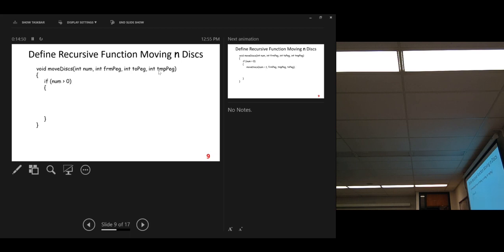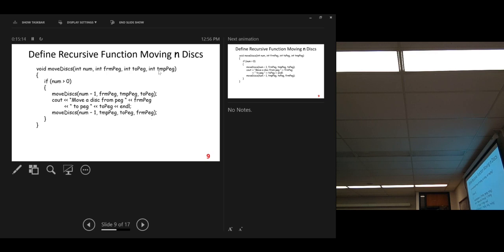We need to assume n is greater than 0. Now, split: the n minus 1 problem, the explicit move, then another n minus 1 call. That's it.